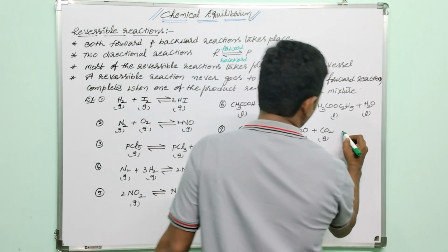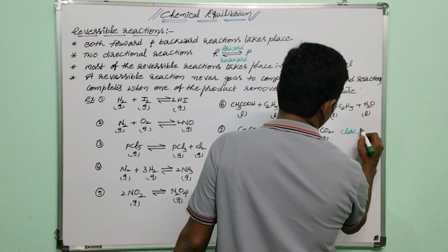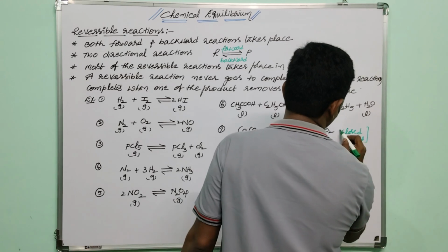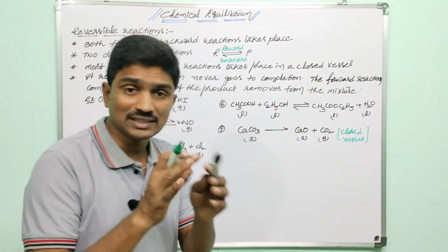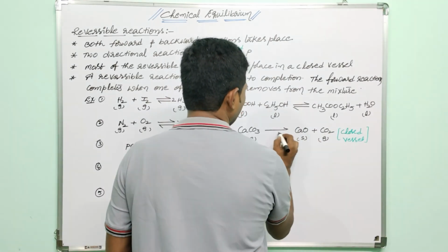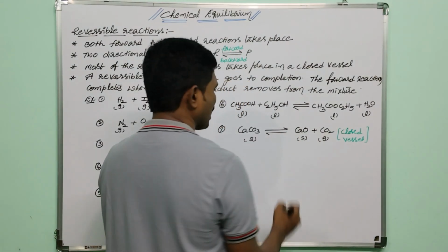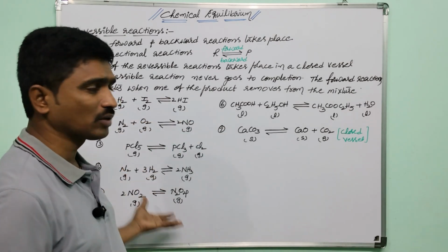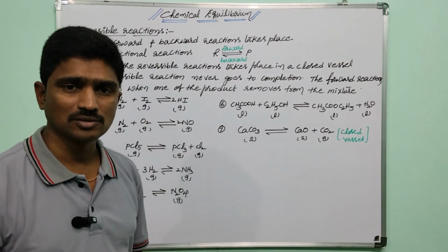If the vessel is a closed vessel, CO2 gas never escapes from the vessel. So the products recombine to give the reactant calcium carbonate. So these are the examples for reversible reactions.